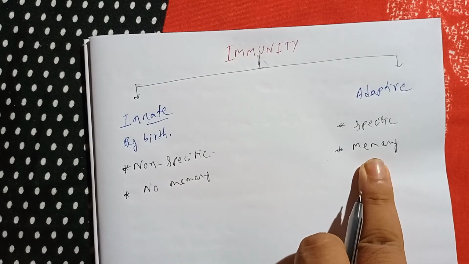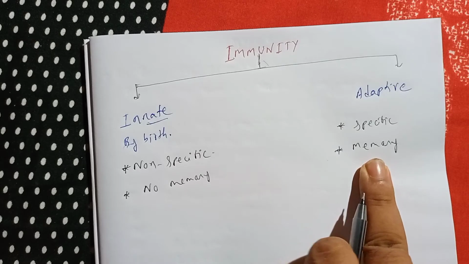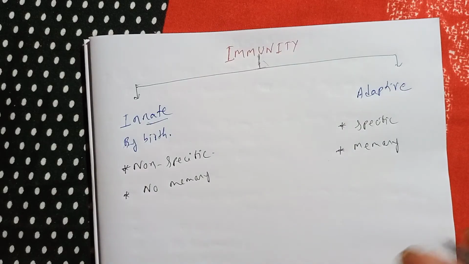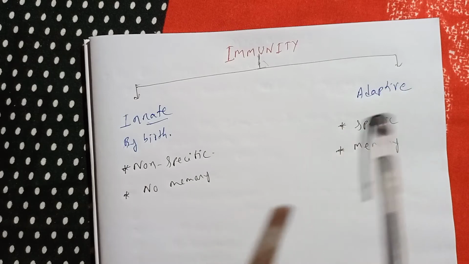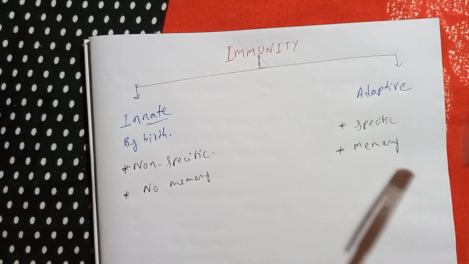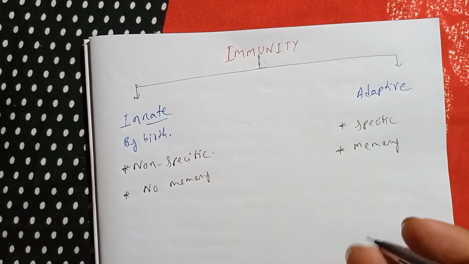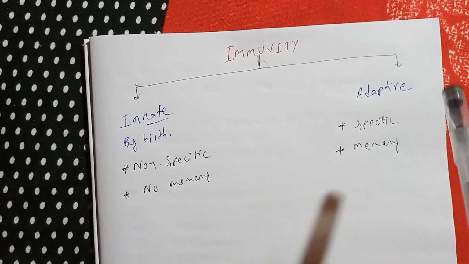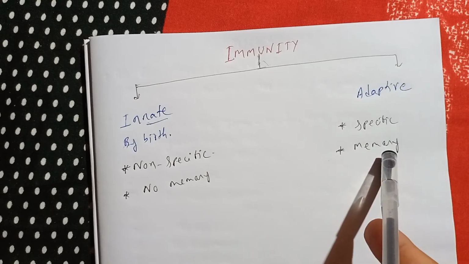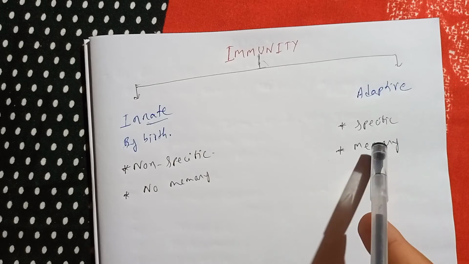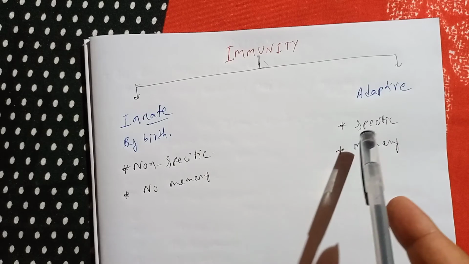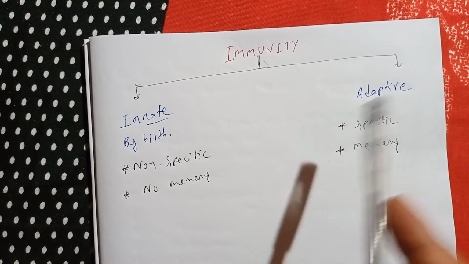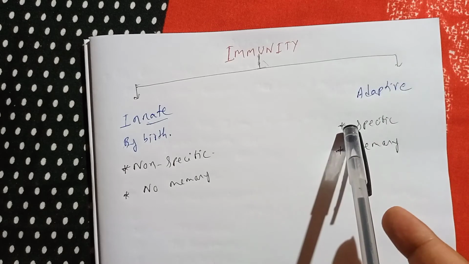Let me give you an example of memory. When any bacteria enters our body, it keeps damaging our tissues. To produce the antibody against that bacteria, our body will take time for the first exposure of the pathogen.